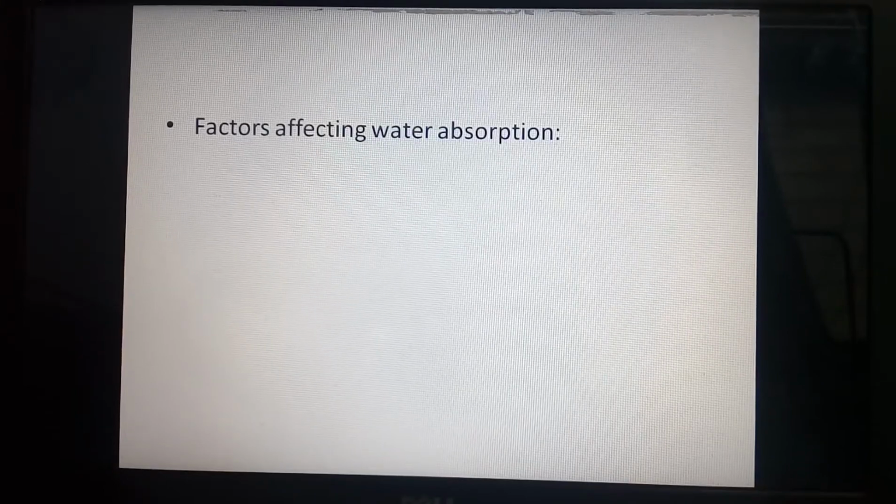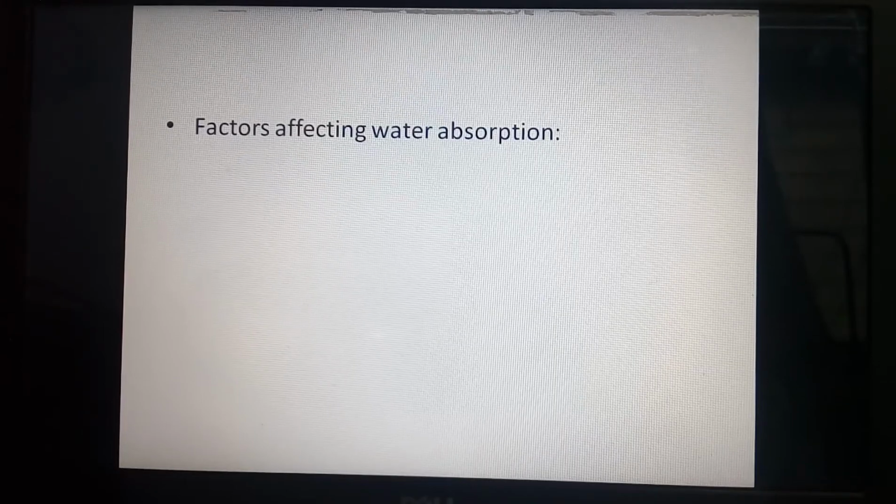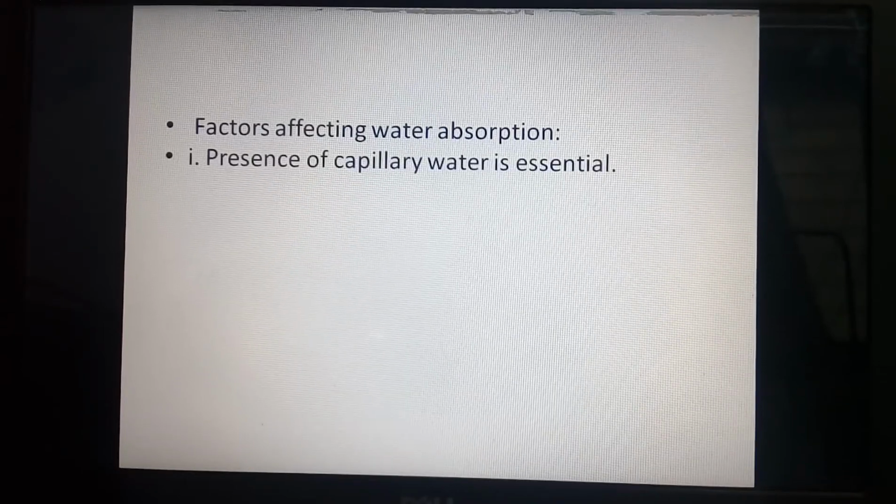Factors affecting water absorption, we are going to discuss as the next point in this topic, because up to now we have discussed the different physical processes responsible for the absorption of water, and now we have discussed the water potential. Here, factors affecting water absorption: presence of capillary water is essential.